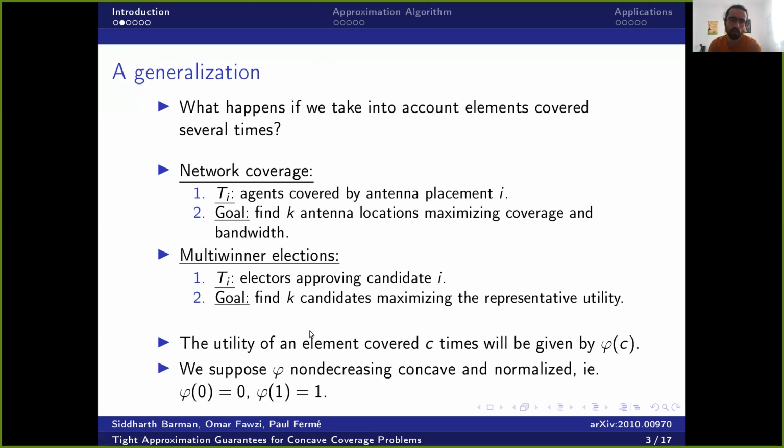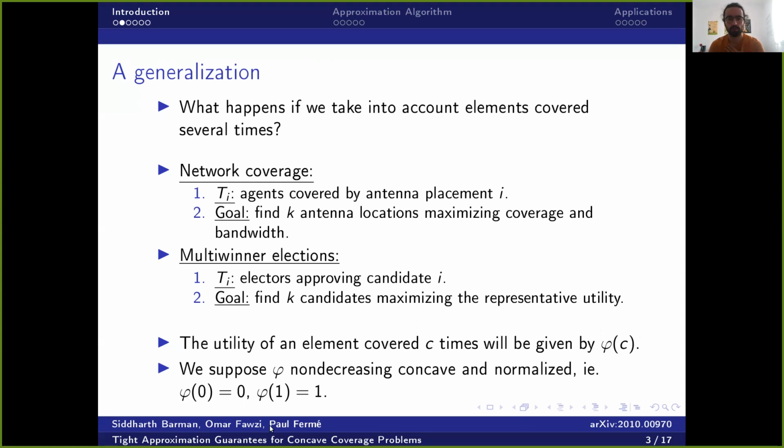We call the utility of an element covered c times some function of c, phi of c. And so we will ask some properties about this function. It has to be non-decreasing because we want the utility to increase when you're covered several times. And it will be concave because we want the marginal gain to decrease.